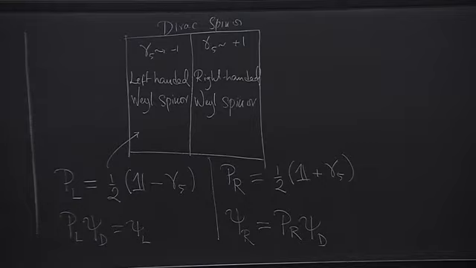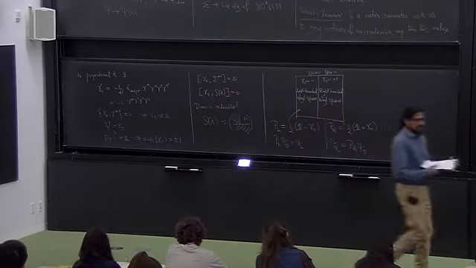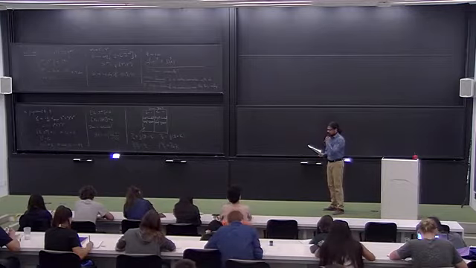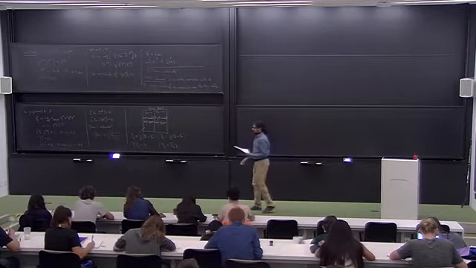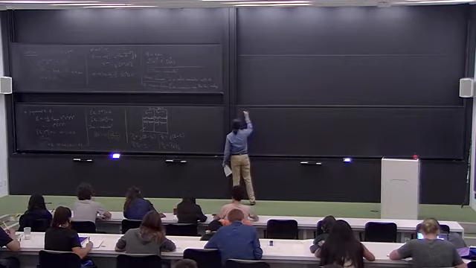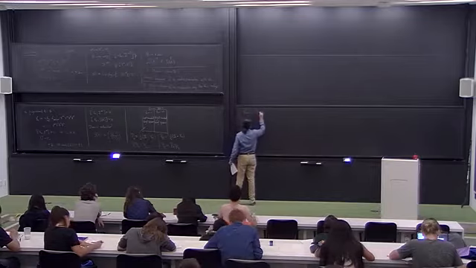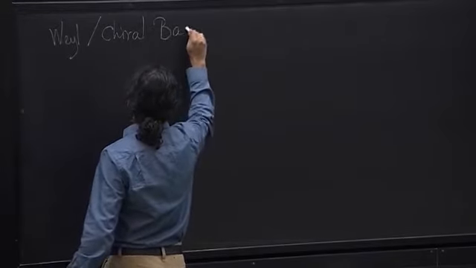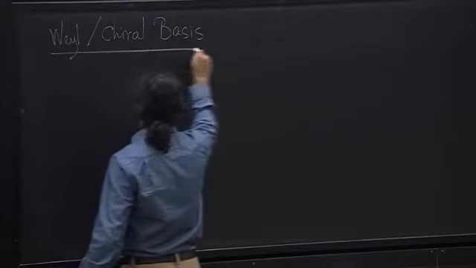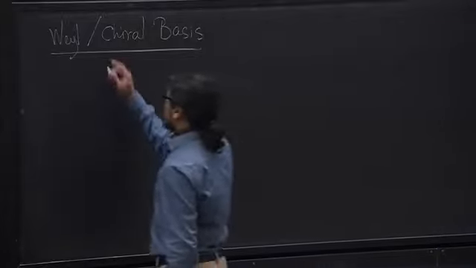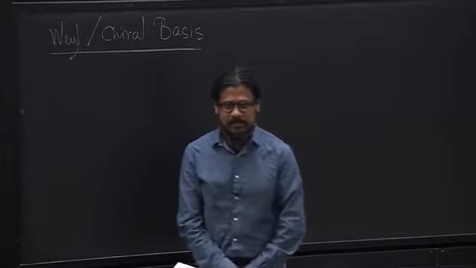So all of this has been a little bit abstract. As physicists, we don't like things to be abstract. Those are mathematicians' job, to be abstract. So we want an explicit representation of all this. So there is a basis in which the gamma 5 matrix is block diagonal, is diagonal actually, and it's known as the Weyl or chiral basis.